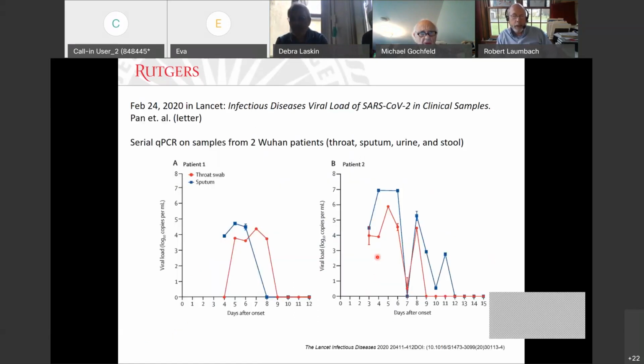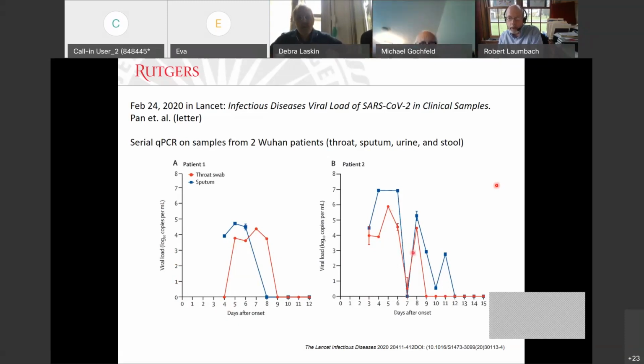But interestingly, very limited evidence here from one of the letters in Lancet, showing that for two patients, the viral load, in this case attempting to quantify the viral load of individuals at samples that were taken daily at some period after onset, when they first presented, showing the viral load seeming to be peaking at around 5 to 8 days in both cases after onset of illness.